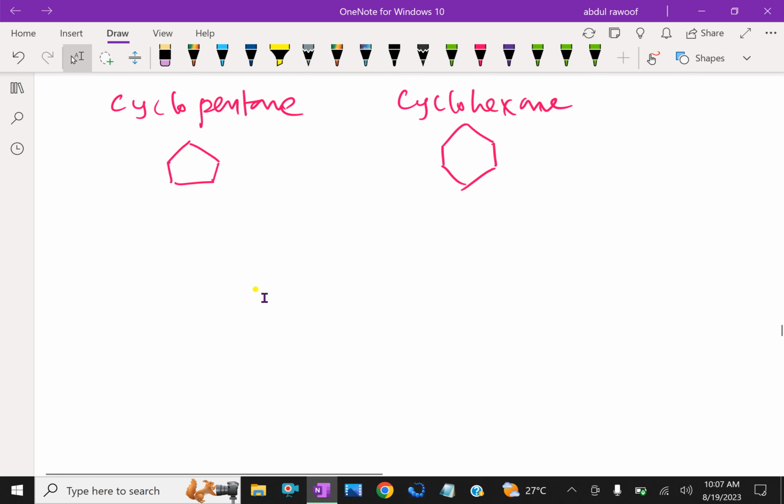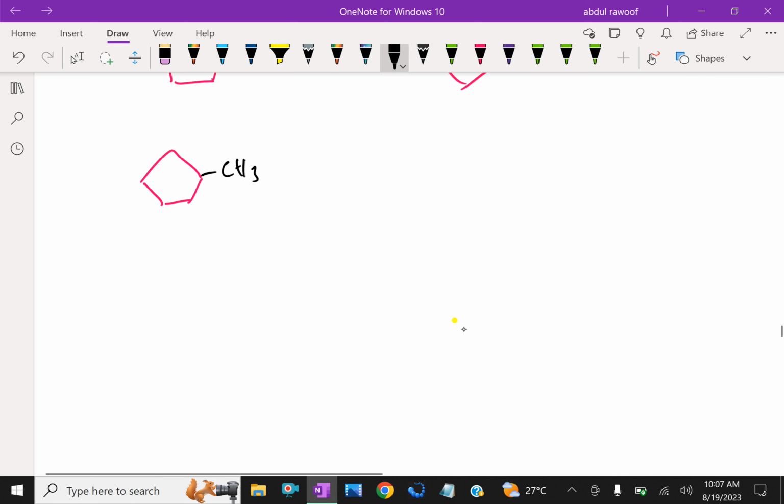Now, for example, how to name this one. This is methylcyclopentane, a methyl group, and the parent is cyclopentane.